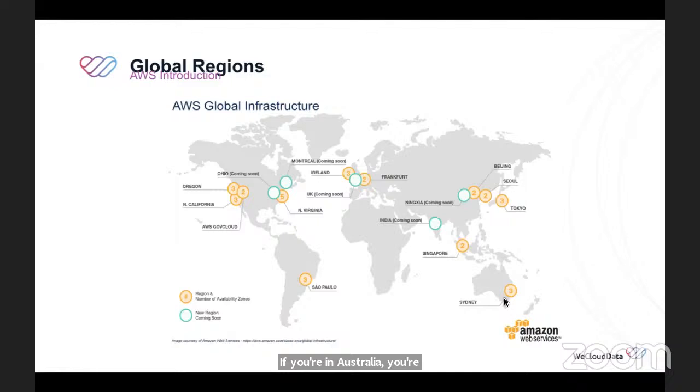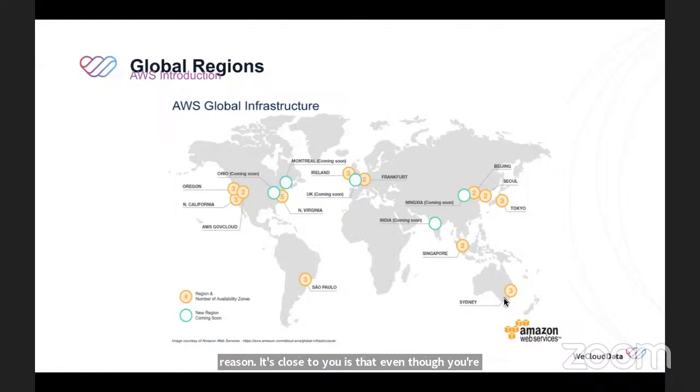The reason you want to choose a region that's close to you is that even though you're using cloud computing, there is still a delay due to the command and data transfer. When you send a command to the server, it will be sent to the region that you picked, and then the data stored in that region will be sent to you as well.